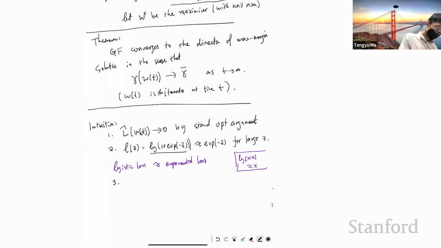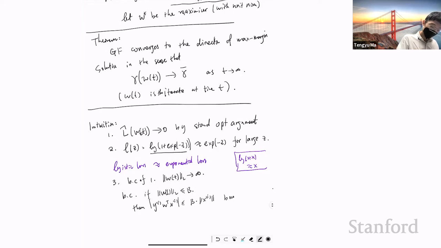And the third observation is that because of observation 1, the norm of W_t has to go to infinity. The reason is that if it doesn't go to infinity, you never make the loss close enough to 0. If W_t is bounded, let's say it's bounded by B, then you can bound y_i times W transpose x_i by something like B times the norm of x_i.